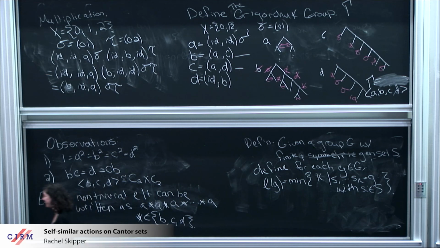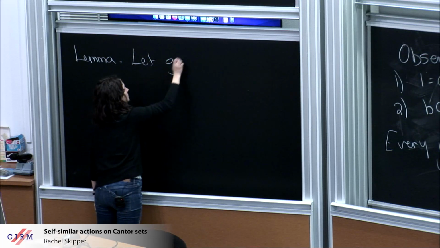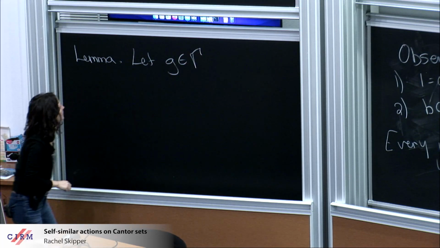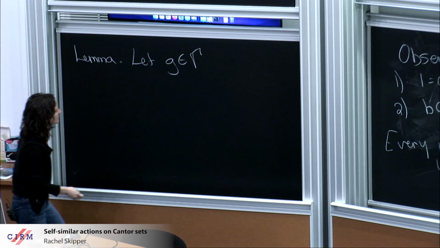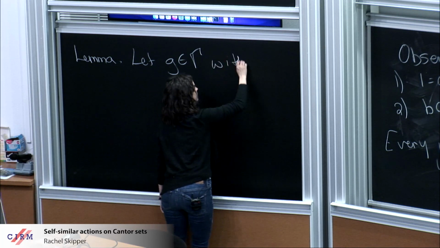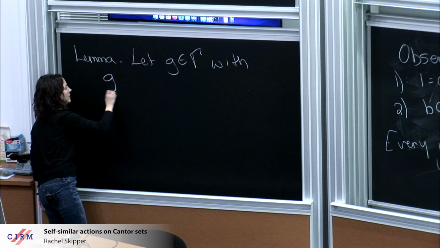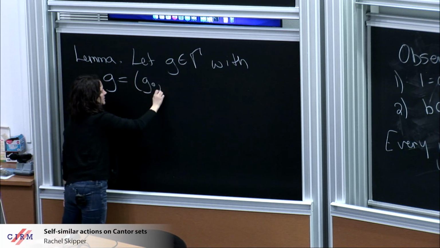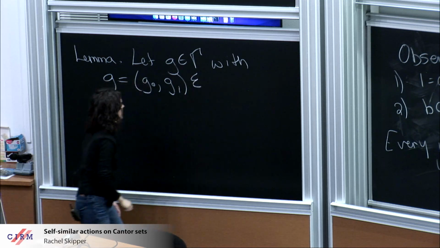All right, one of the most important properties the Grigorchuk group has is something super straightforward that implies about two thirds of the properties on this list can be proved using the following fact. So, lemma: let g be in the Grigorchuk group, with g decomposing under the wreath product as (g0, g1) and epsilon.